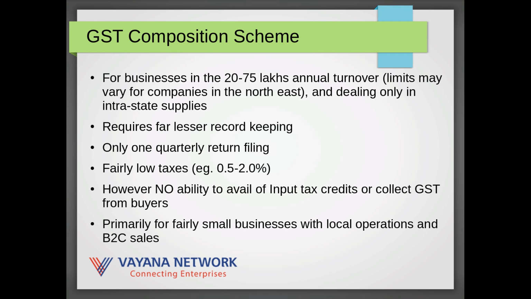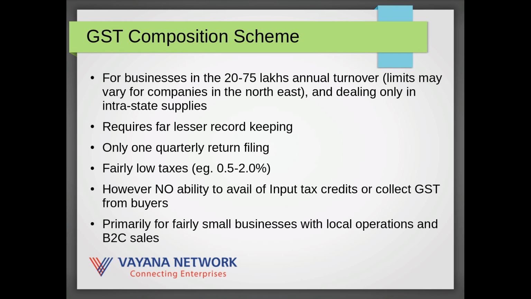This is primarily for small businesses with local operations, and in my opinion primarily for those with B2C sales and those who really wish to reduce their record keeping burden. I don't think it necessarily saves taxes in all ways or in all situations. So whether it applies to your business is something that you do need to evaluate.